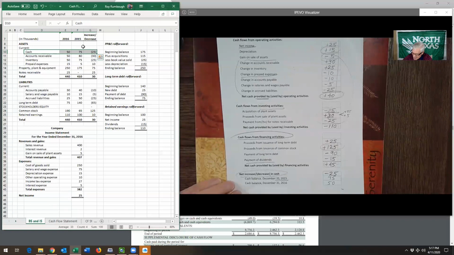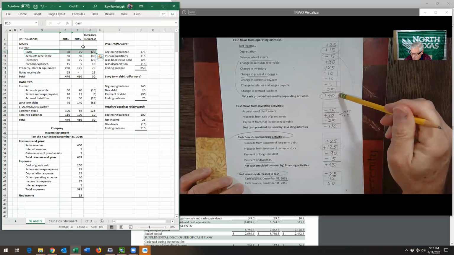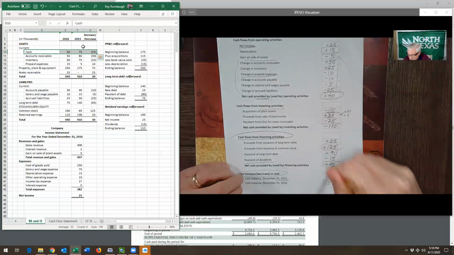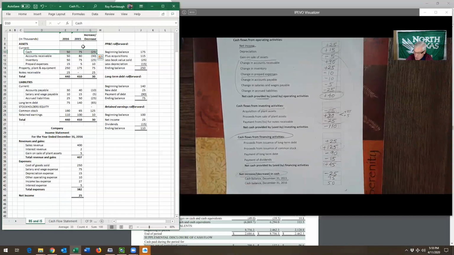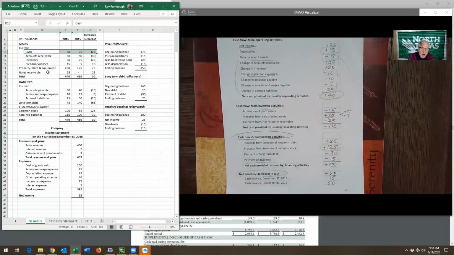But if you see that minus 25 was a plus 40,000 in cash from operations, minus $110,000 for investing, plus 45 from financing, you've got a lot more information here. Now, the three financial statements, the balance sheet, the income statement, and the cash flow statement, tell a real story of the company here.